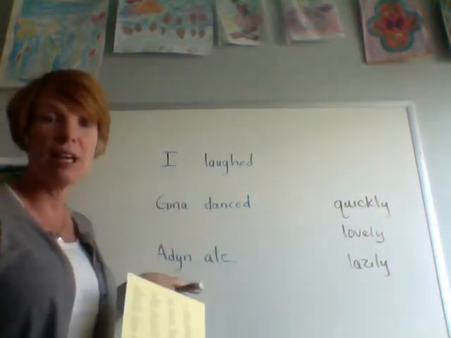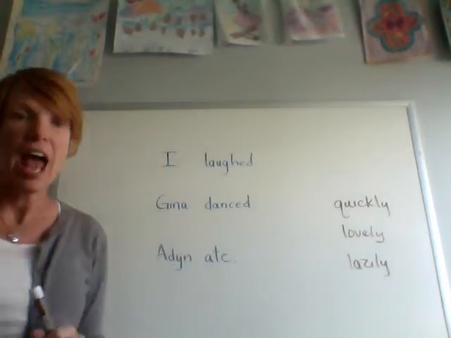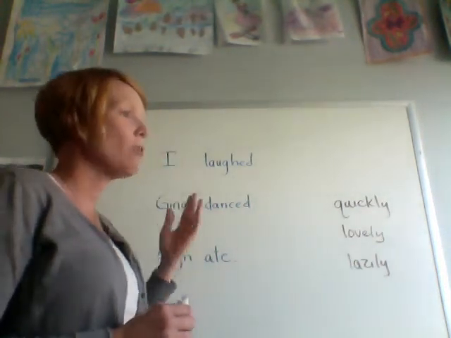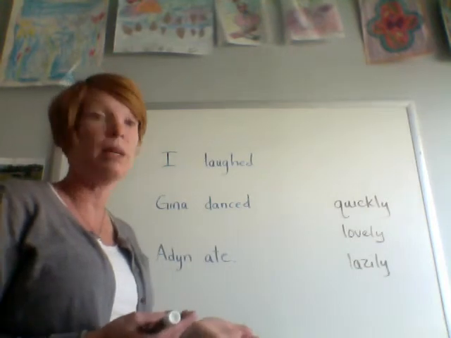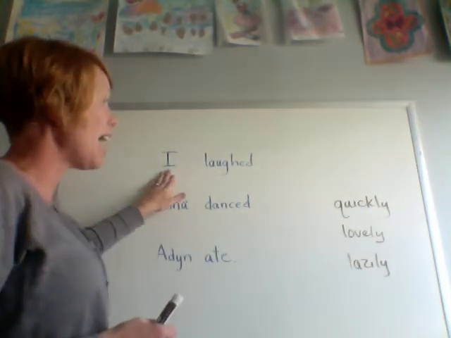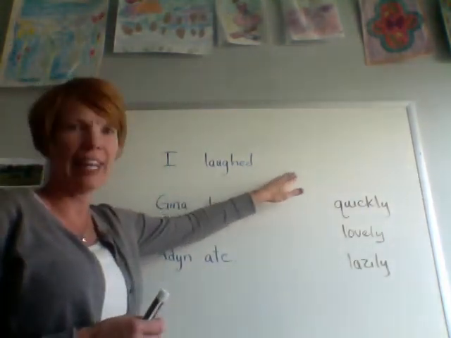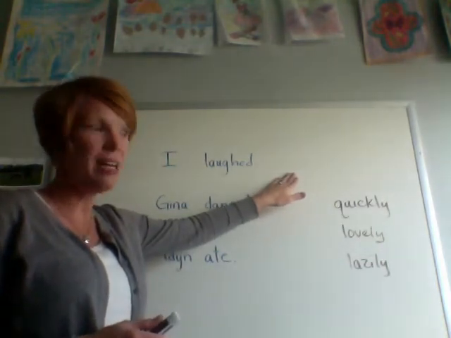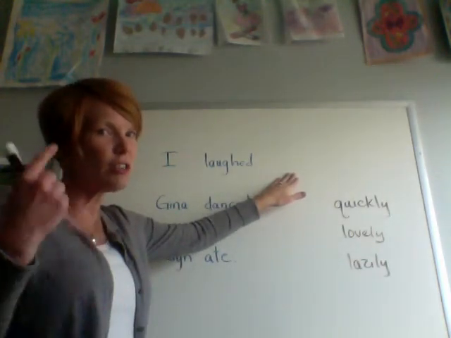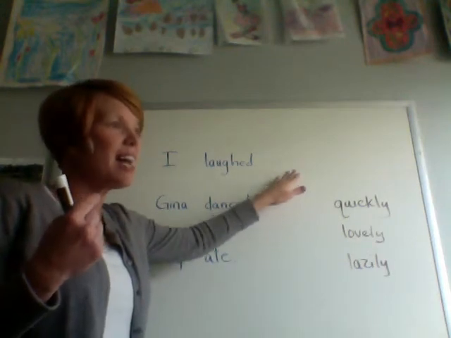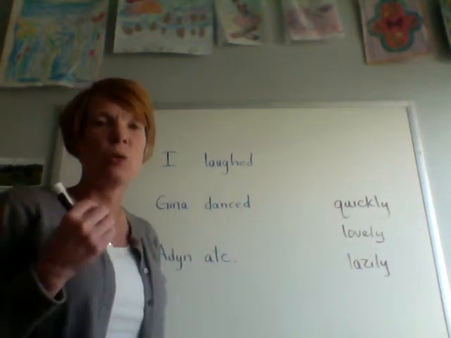So I have 3 very simple sentences here, and I wanted to demonstrate to you how adverbs change the whole meaning of your sentence. So I could say, I laughed loudly, right? But how different is your visual if the sentence said, I laughed rudely?